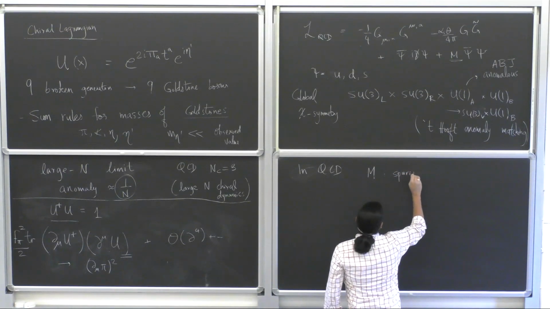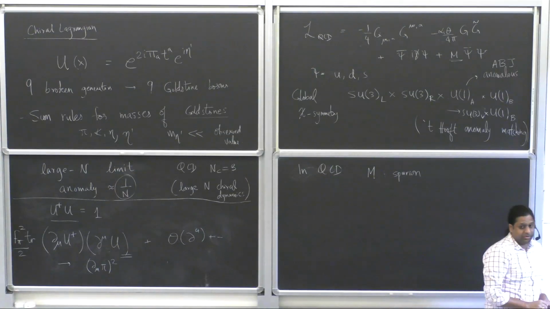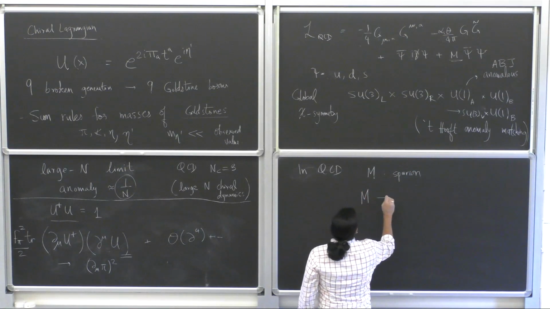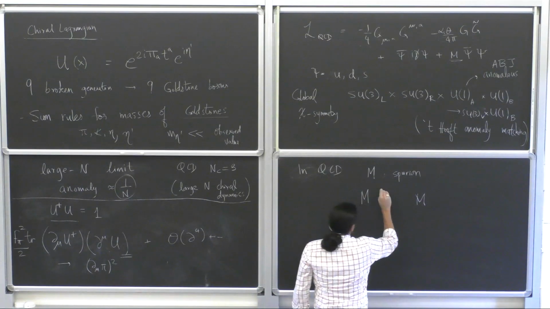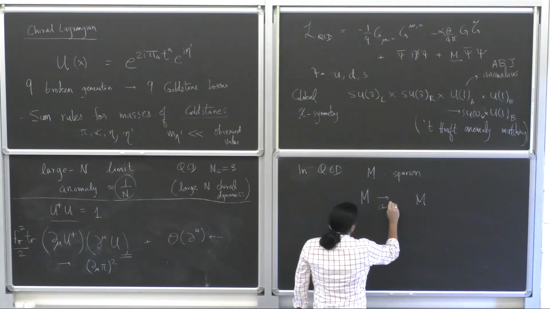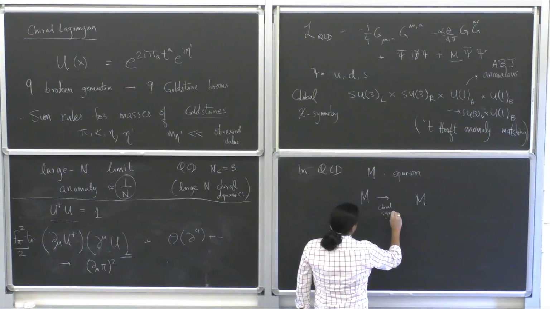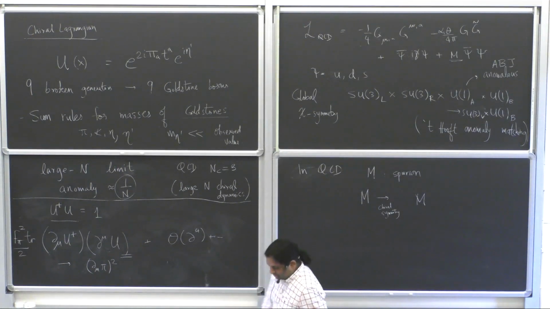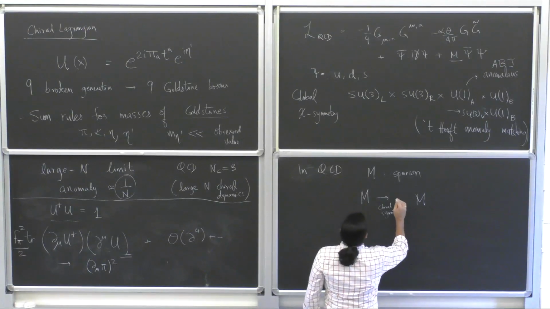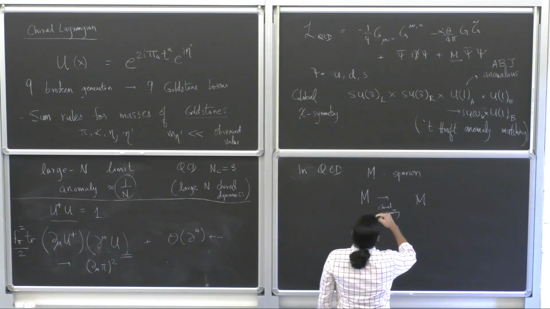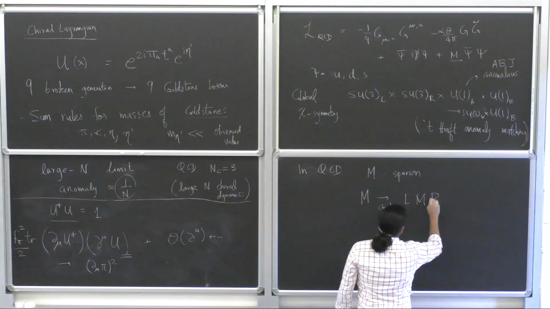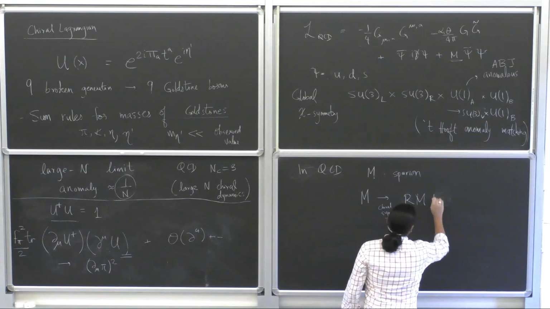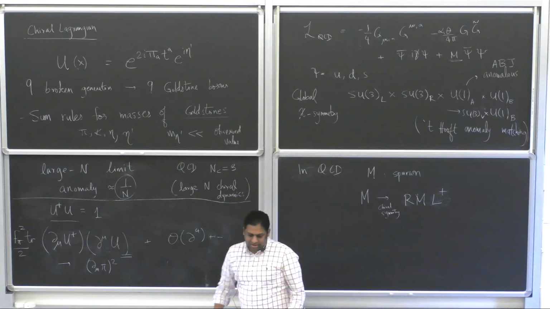So we can give fake transformation properties to M under the chiral symmetry. We can say M goes to something like this.